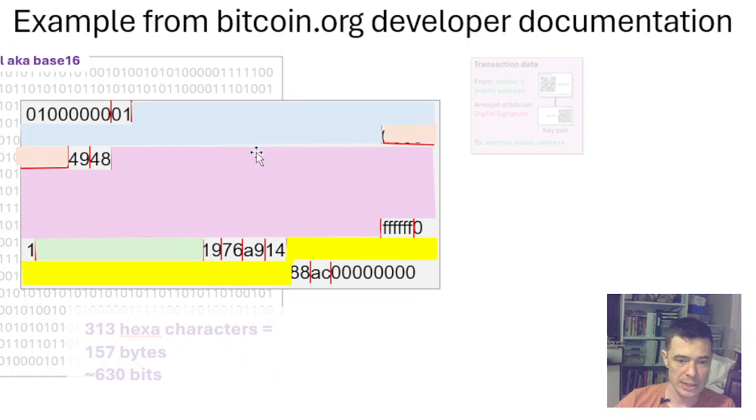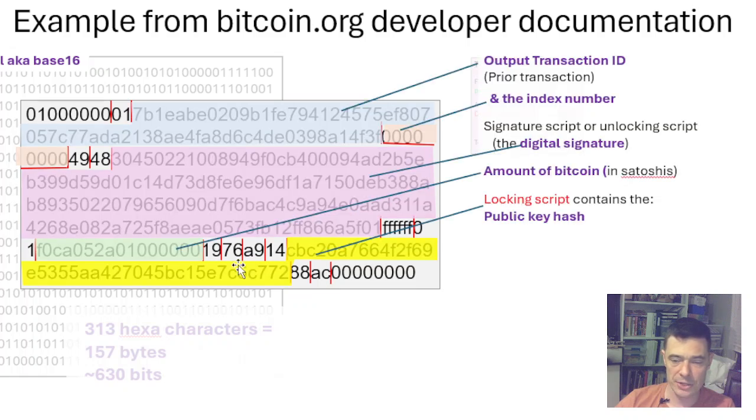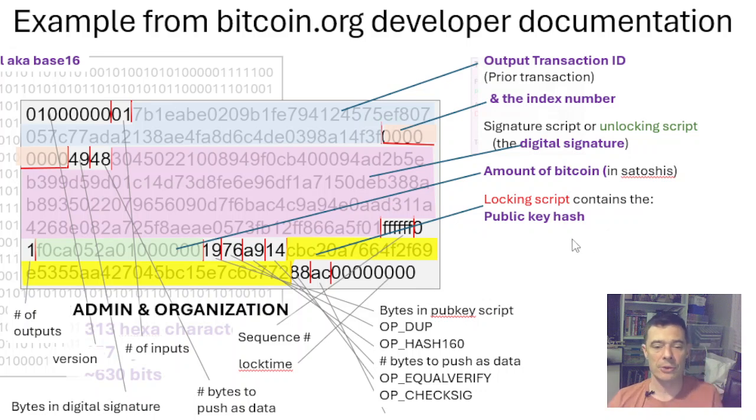And I broke it down into the 5 sections. There's 5 things that we need to understand about what's inside of a transaction. And in addition to that, there's also just some admin information. These admin bytes are really just to help the full nodes stay organized and keep track of where they are and separate these different segments.